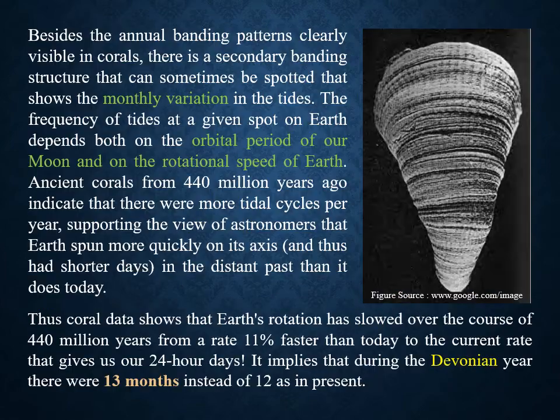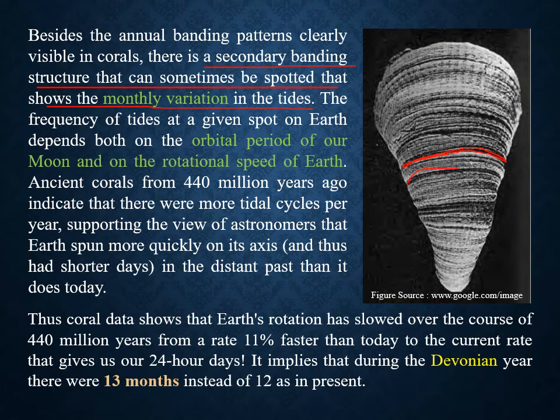Now, besides the annual banding patterns found in coral, there is a secondary banding structure also found sometimes within the corals. And these secondary bandings are indicative of monthly variation in the tides. So you can see here this dark colored band and this dark colored band.